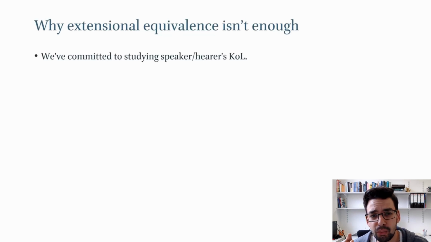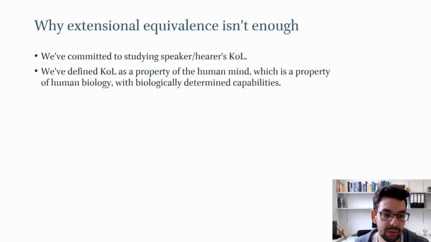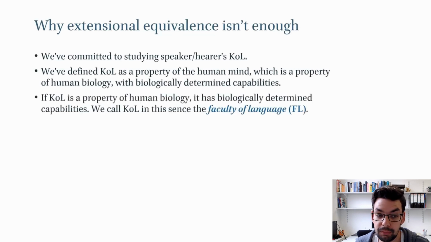So we're interested in what they actually have in their mind, right? We've defined KOL as a property of the human mind. That's a property of human biology ultimately, and therefore has some biologically determined capabilities.